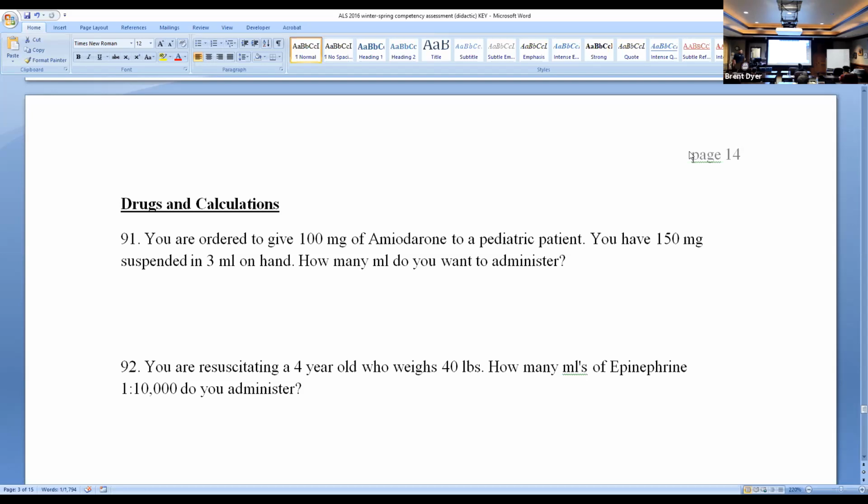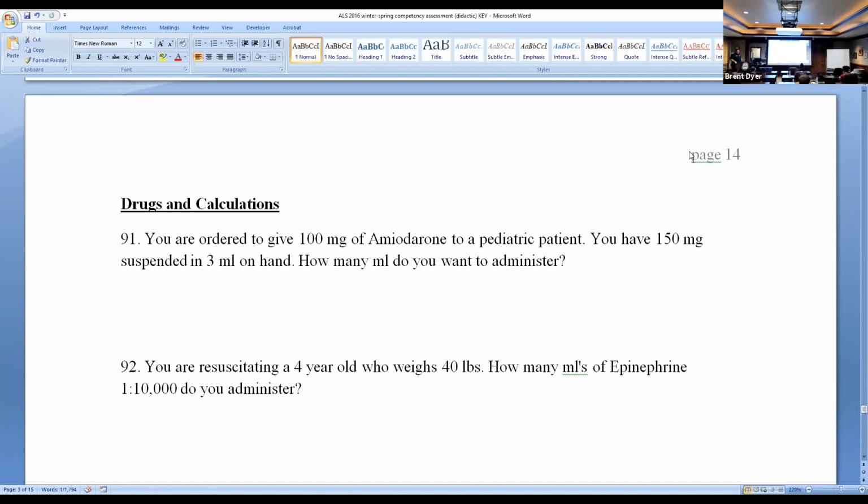What you want over what you got, times the milliliters you got. So the desired dose divided by the on-hand dose multiplied by the on-hand milliliters will give you the milliliters needed.